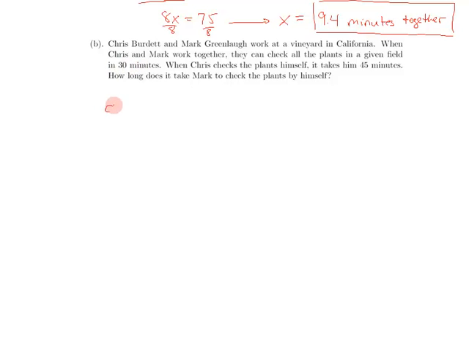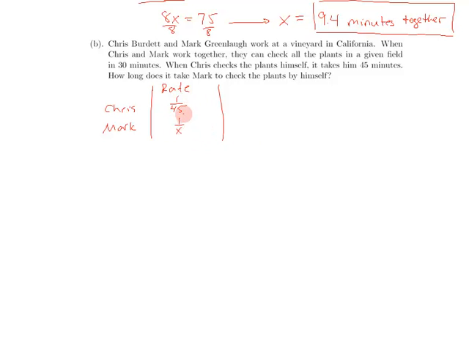We look at Chris and we look at Mark and we ask, okay, so what's their rate? How fast do they work? Again, Chris, we know, can do it in 45 minutes, so 1 over 45 is his rate. Now what about Mark? That we don't know. We don't know how fast Mark works, so we're going to have to put that as our variable.